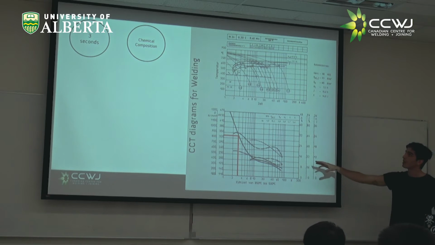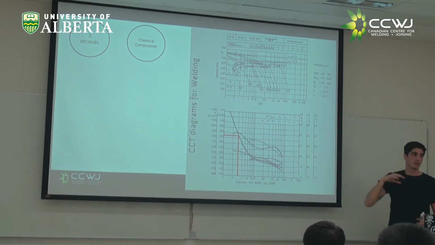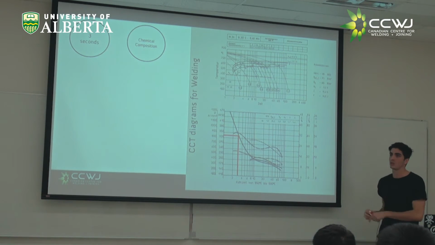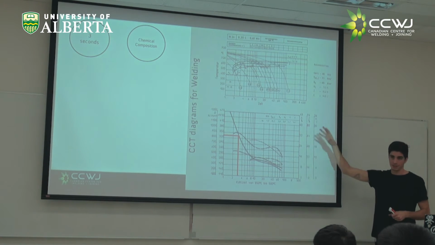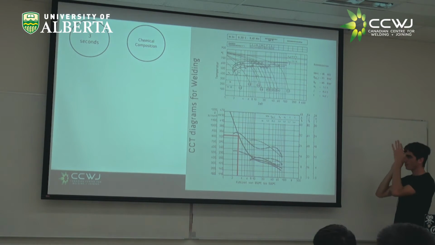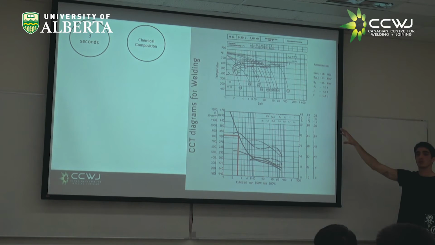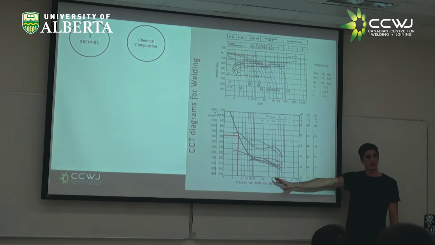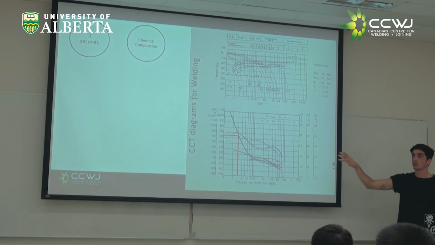Of course, our hardness is completely related to the phases that we have at the end, with the amount of martensite and other constituents. So these two are related. So we're going to work with this example: we have a specific chemical composition, and I'm going to choose a specific cooling rate, and we're going to make calculations with the Yurioka model, right?